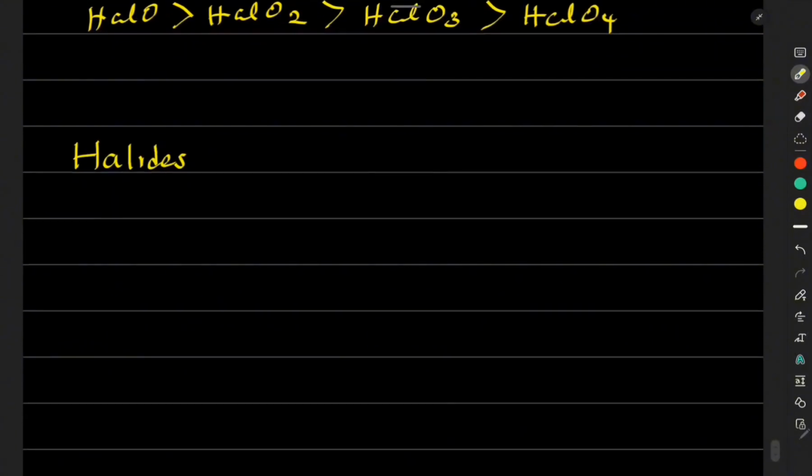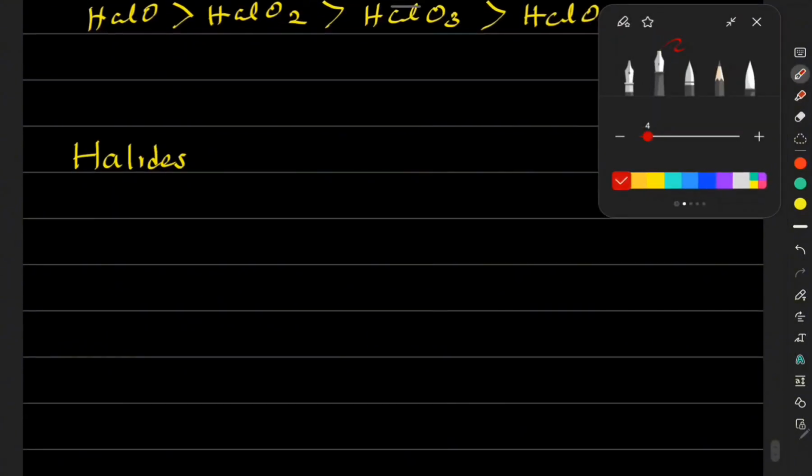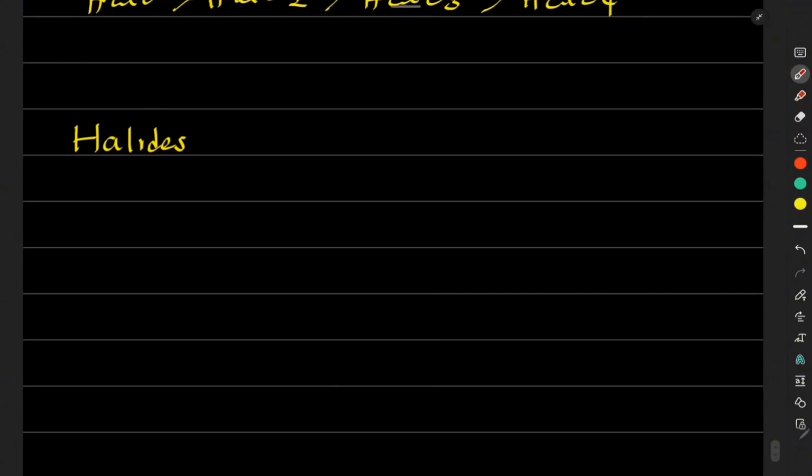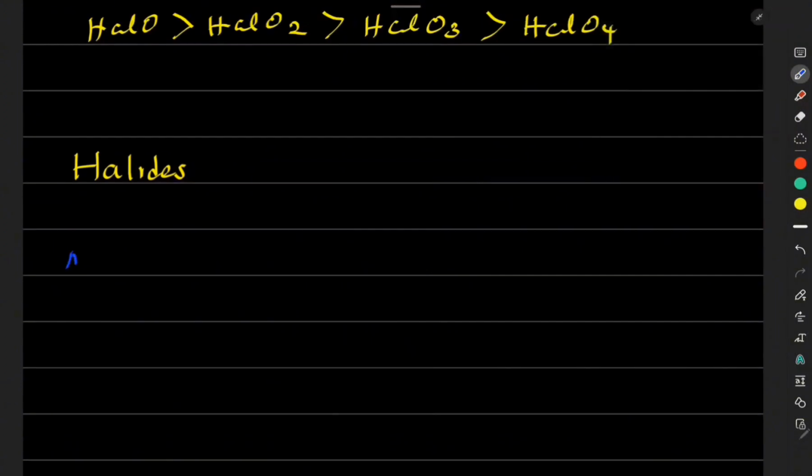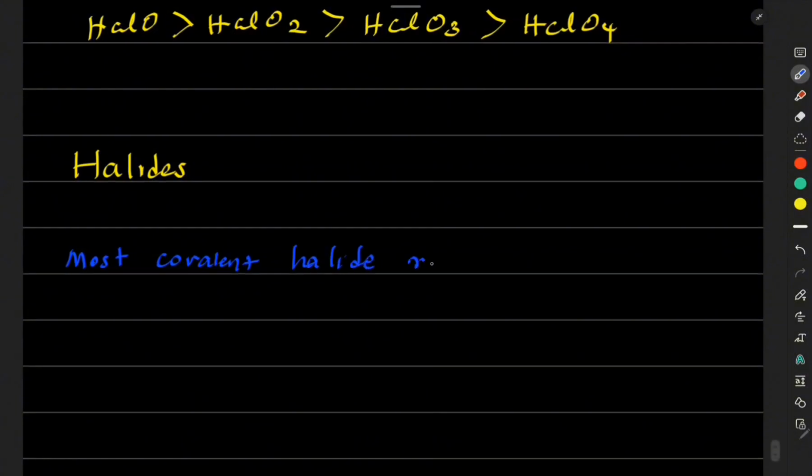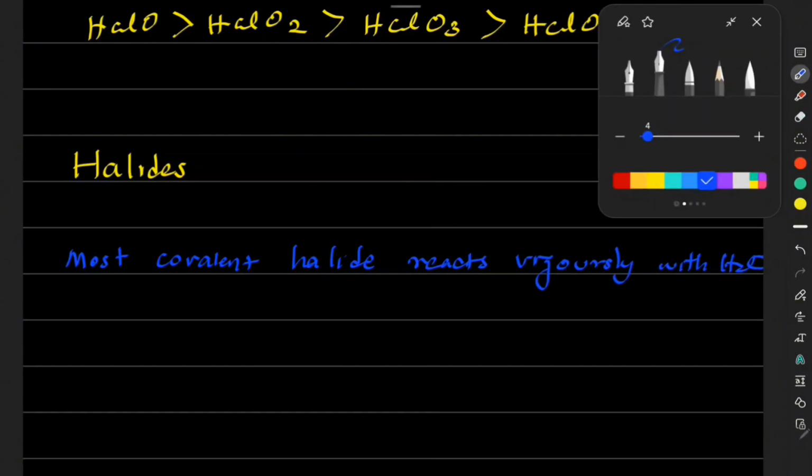Most covalent halides react vigorously with water, but carbon tetrachloride, CCl4, does not hydrolyze.